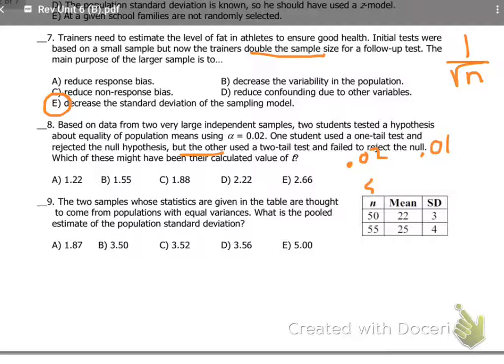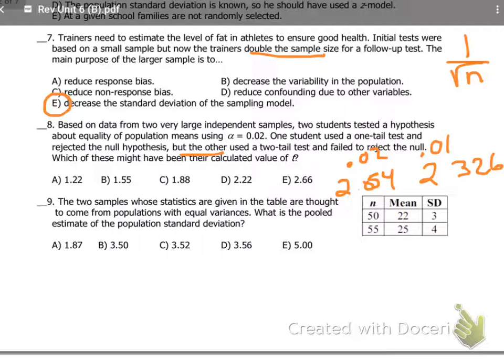And for what they have for 0.02 is, let me erase this 5 here. They have 2.054, and what they have for 0.01 is 2.326. All right, and so what did they say here?